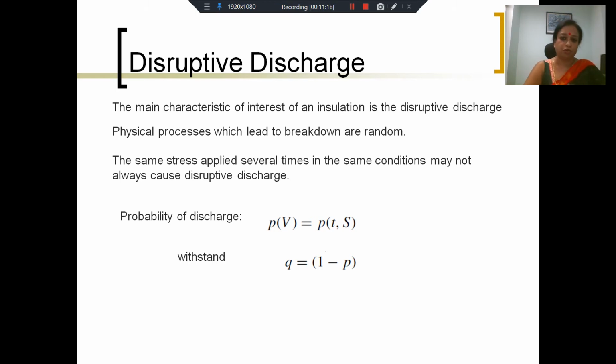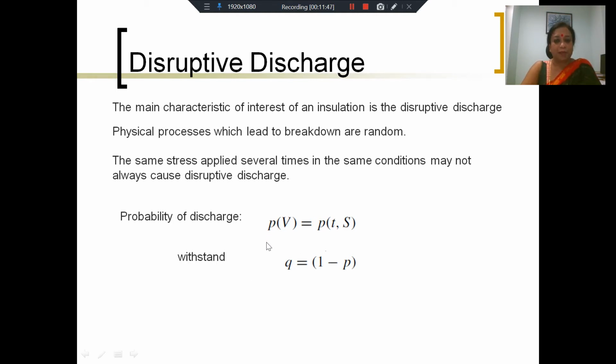Right now, I'm not going to talk about the probability part, but what I'm going to stress is that, apart from the probabilistic nature, the breakdown, or the disruptive discharge, is a function of the stress on the material as well as the time for which it is applied.